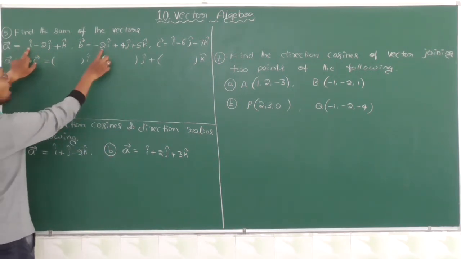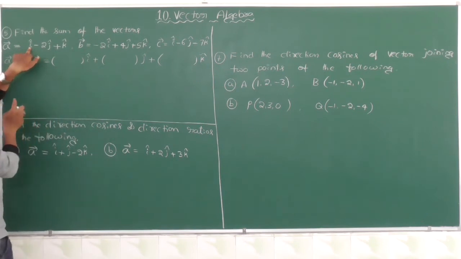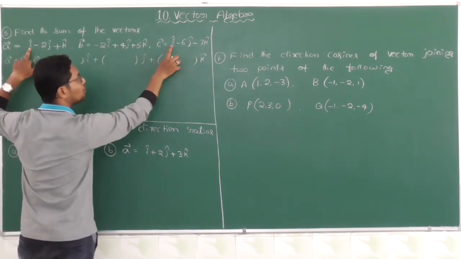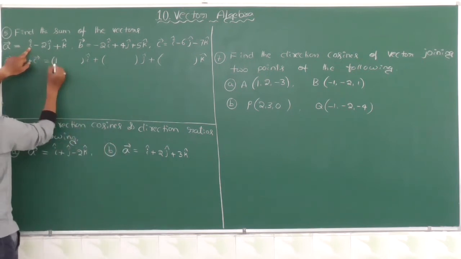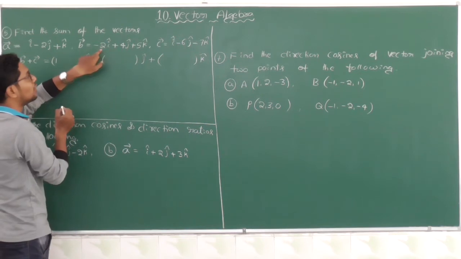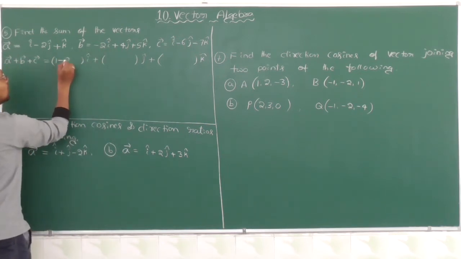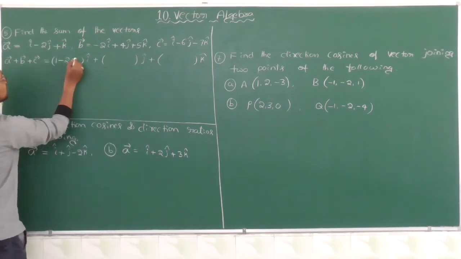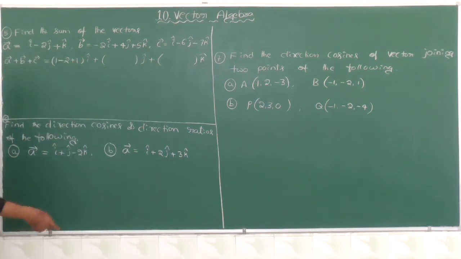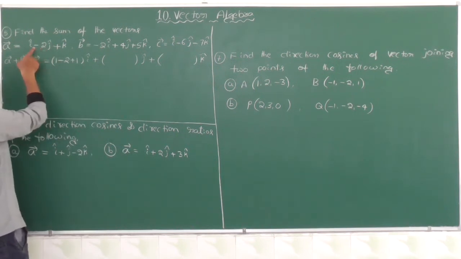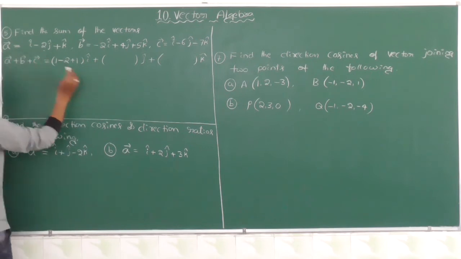See here. In the A vector the i component is 1, in the B vector the i component is minus 2, in the C vector the i component is 1, that is plus 1. Similarly, the j component. In the A vector the j component is minus 2, see the sign.